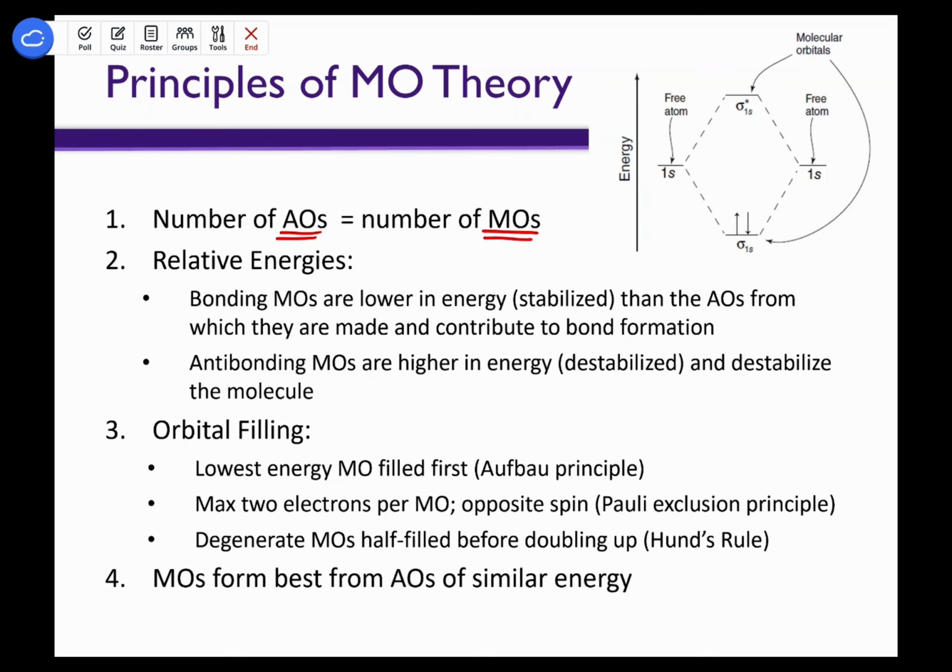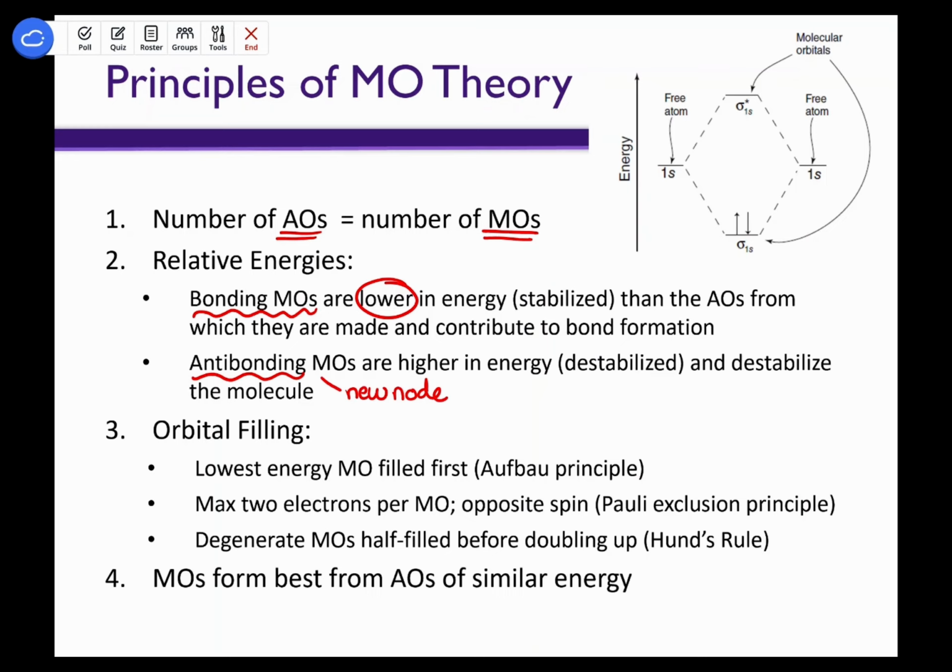We always know that the bonding molecular orbitals are lower in energy than the anti-bonding molecular orbitals. The anti-bonding molecular orbitals have a new node, a new region where electrons aren't going to be found. These ones promote destroying the molecule.